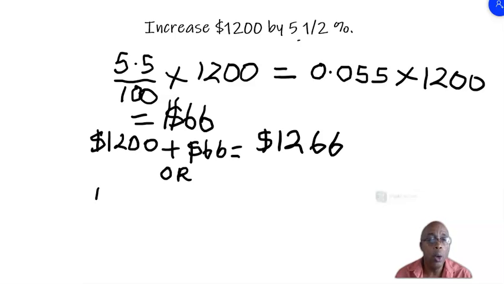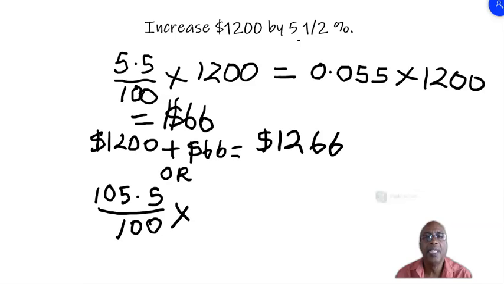And that's what you do. 105.5%, so it's over 100, times 1200. When we do that, we should get the same answer.